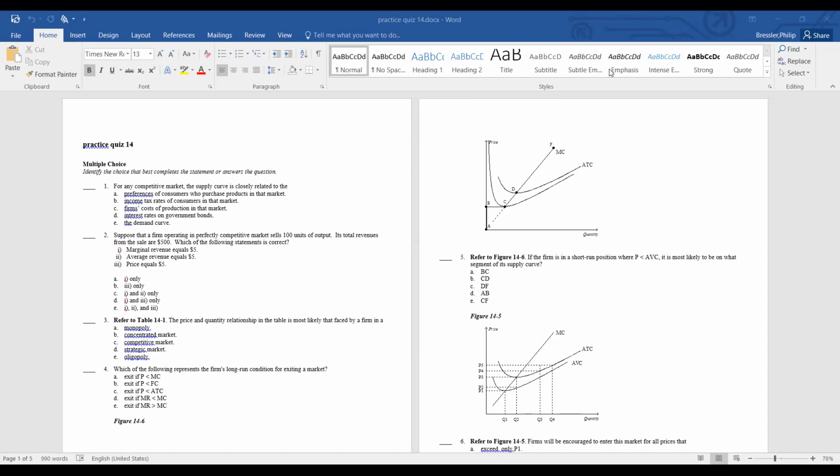And remember, the marginal revenue is how much money you're making on the last unit, and the marginal cost is the cost of the last unit. So if you take the revenue minus the cost, you get the profit of the last unit.